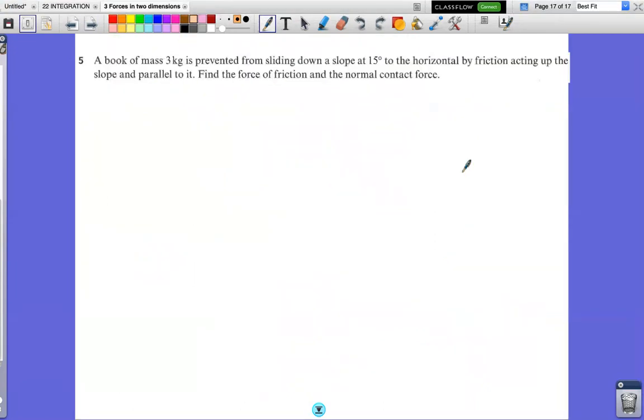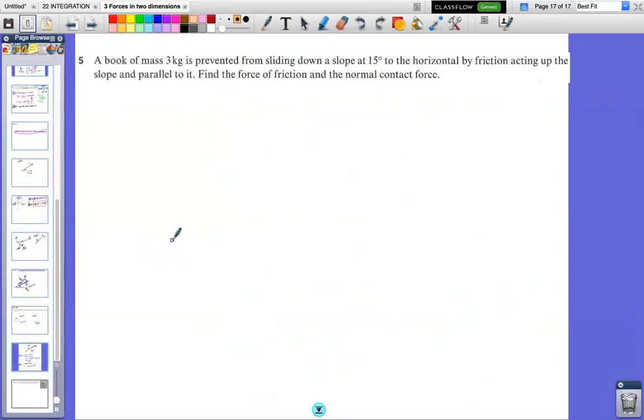The next problem is my favorite problem, which is: a book of mass 3 kilograms is prevented from sliding down a slope at 15 degrees. So we have a slope and it is inclined at 15 degrees. And we are told that there is a book on this slope. Let me use black for the book.